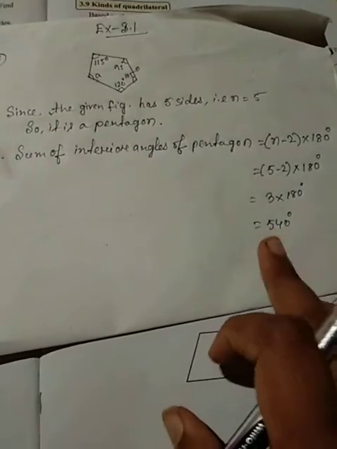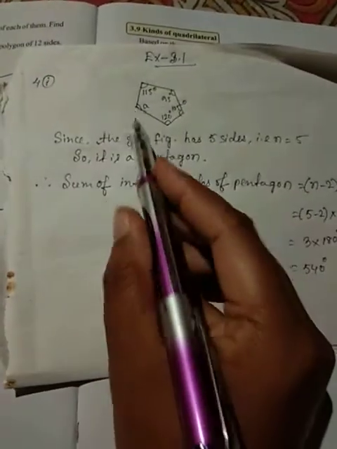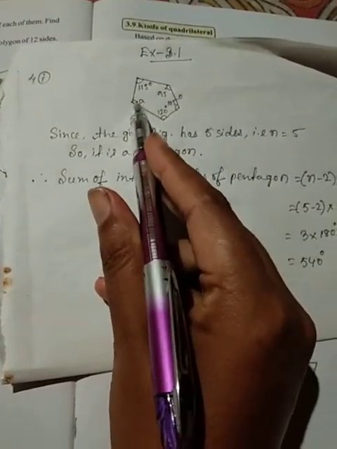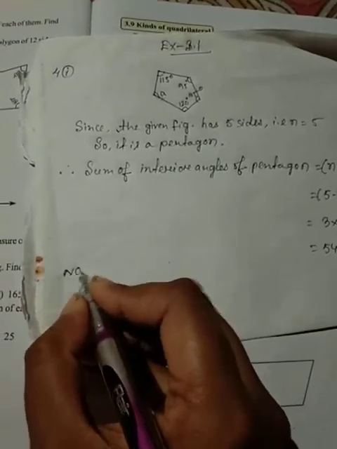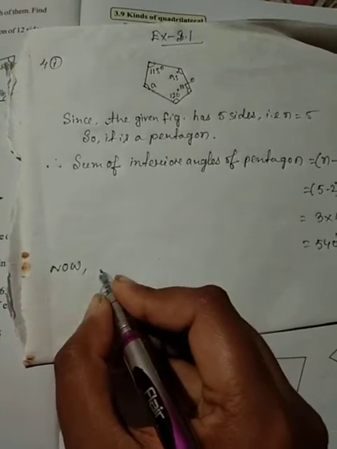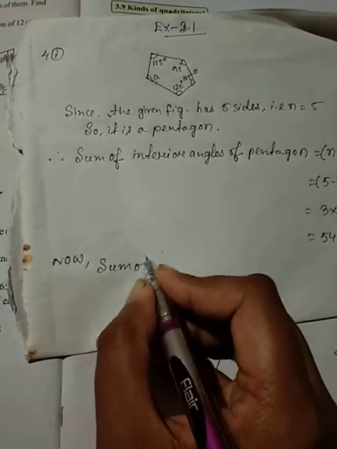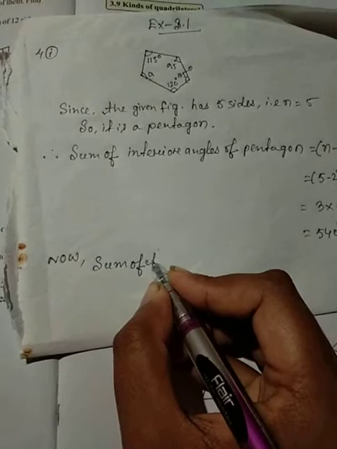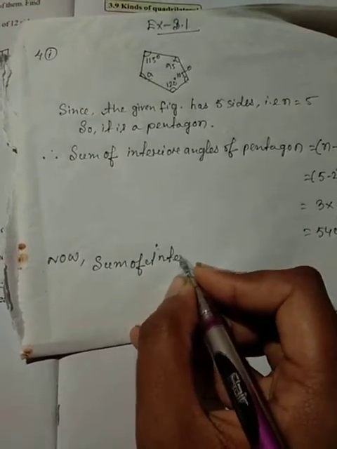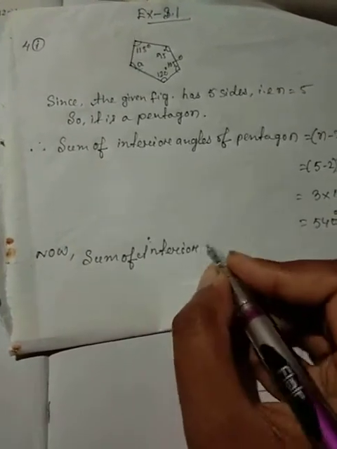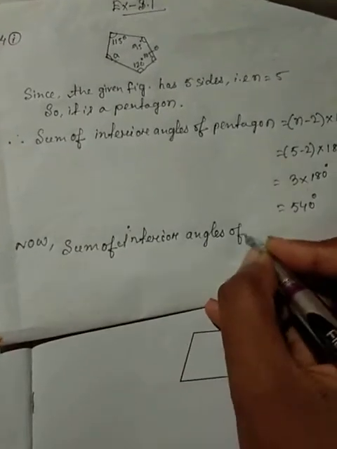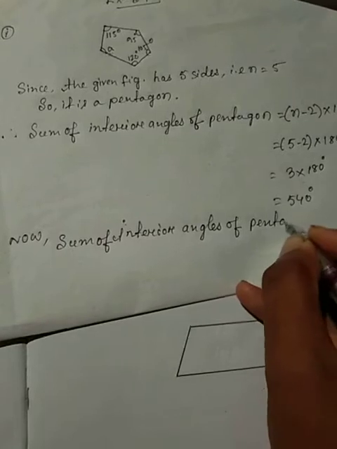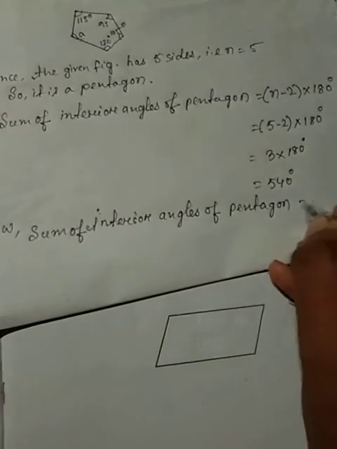Now by this value we find the value of unknown quantity A. Now sum of interior angles of pentagon equal to 540.